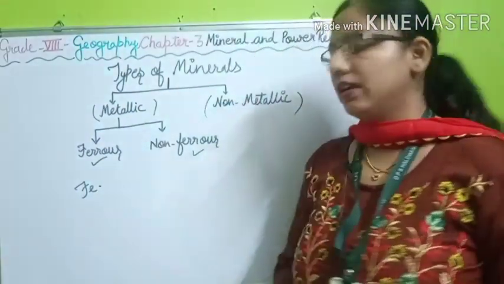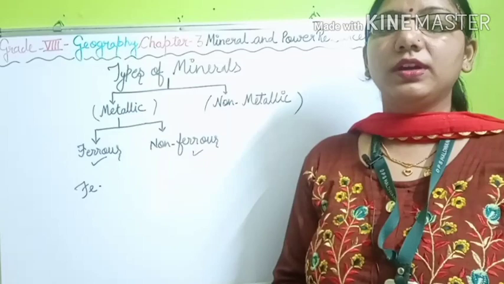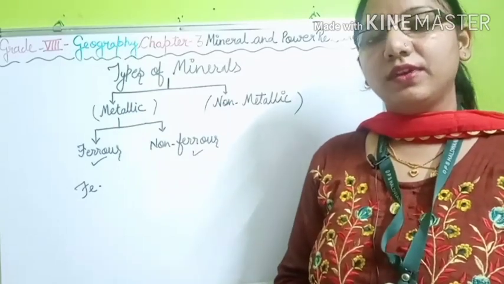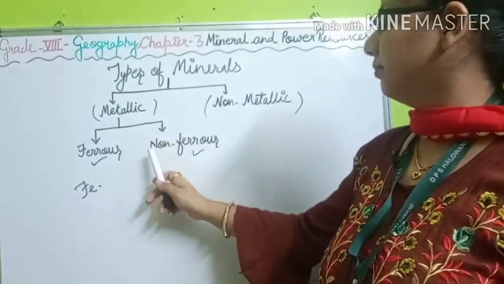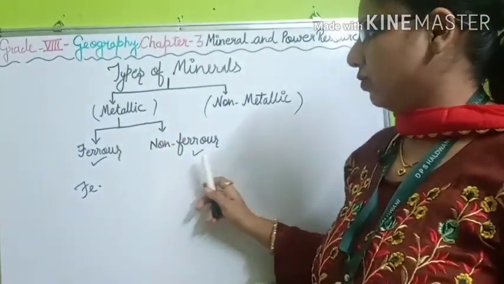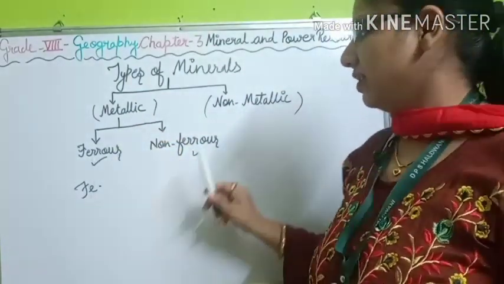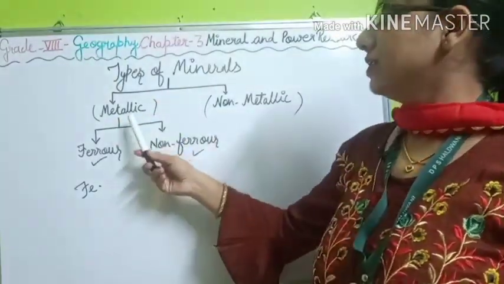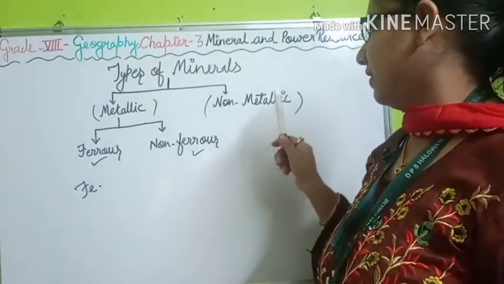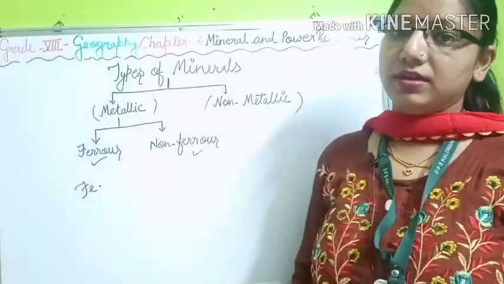If you have seen the composition of the core, it is nickel and ferrous, and ferrous is iron. So the metallic minerals are categorized into two parts: ferrous and non-ferrous. Let's see what the metallic minerals are and what the non-metallic minerals are.